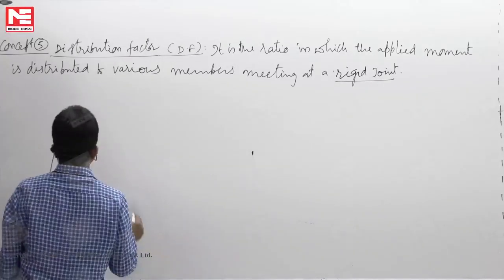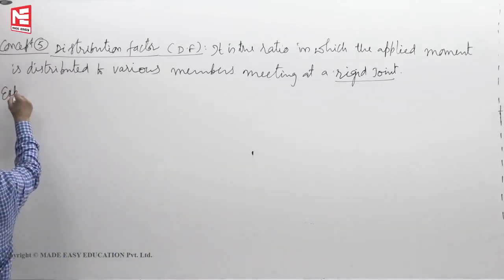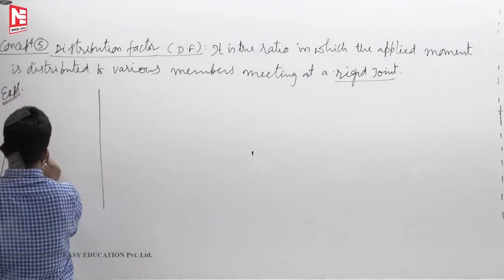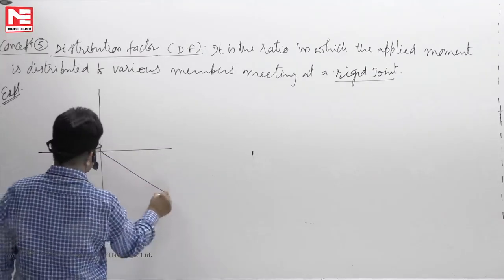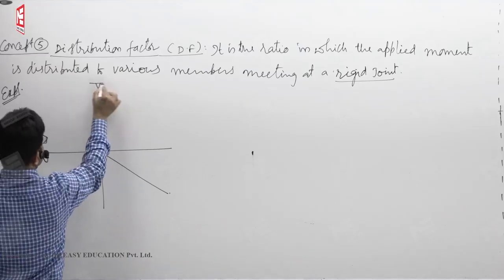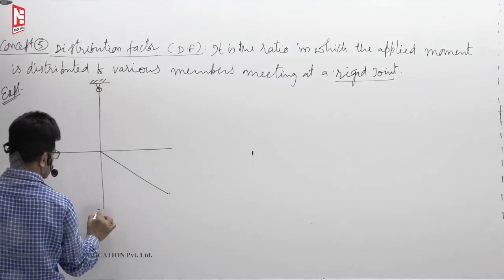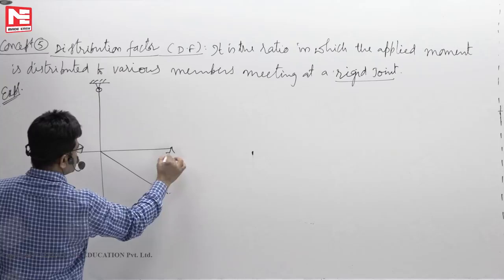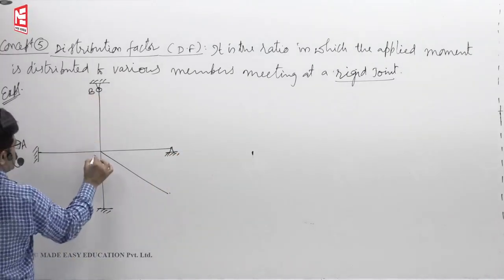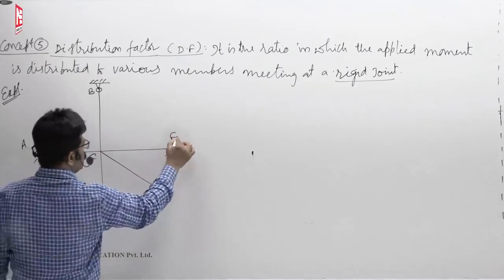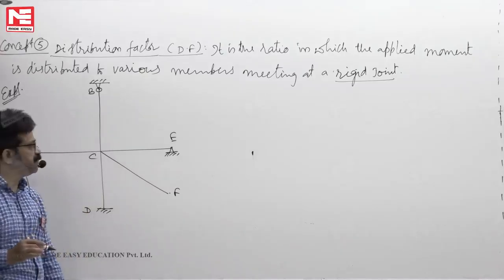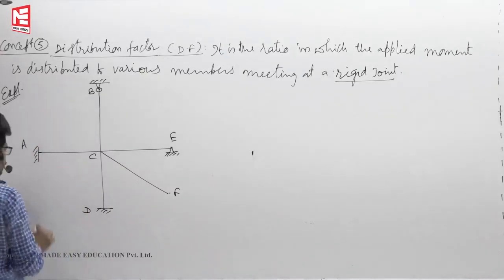Let us see why that rigid joint specification. What it means is, assume that there are so many members meeting at this point, let us say A, B, C, D, E, F. So 1, 2, 3, 4, 5 members are meeting at C, and C is a rigid joint.